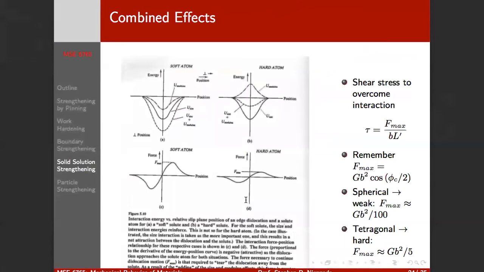We get a much stronger effect than when we have a size difference with the stiffer atom, right? Then they still add, but they have opposite signs, and you weaken your overall strengthening. So the best bang for your buck is the largest possible size difference with the most compliant solute.